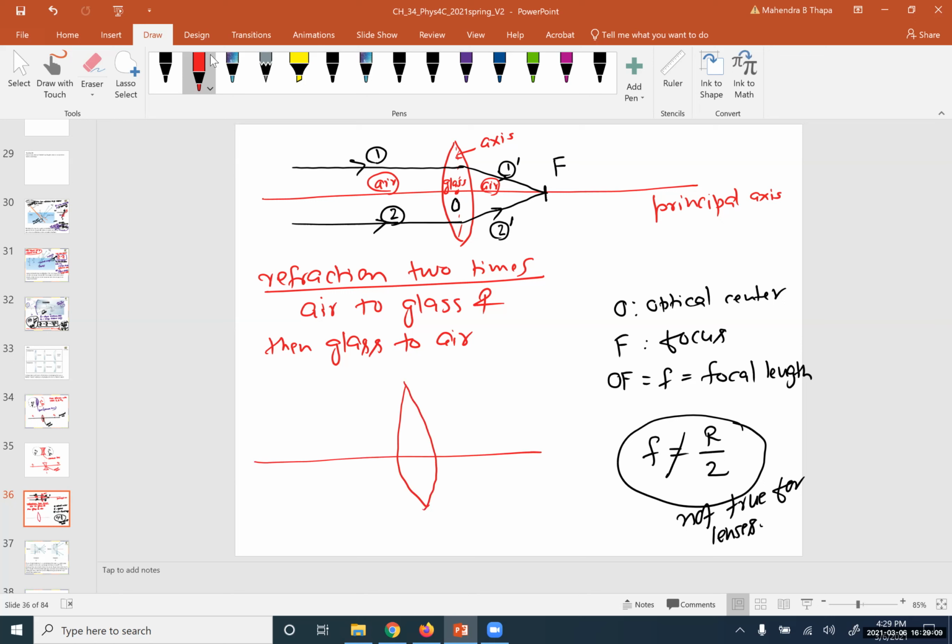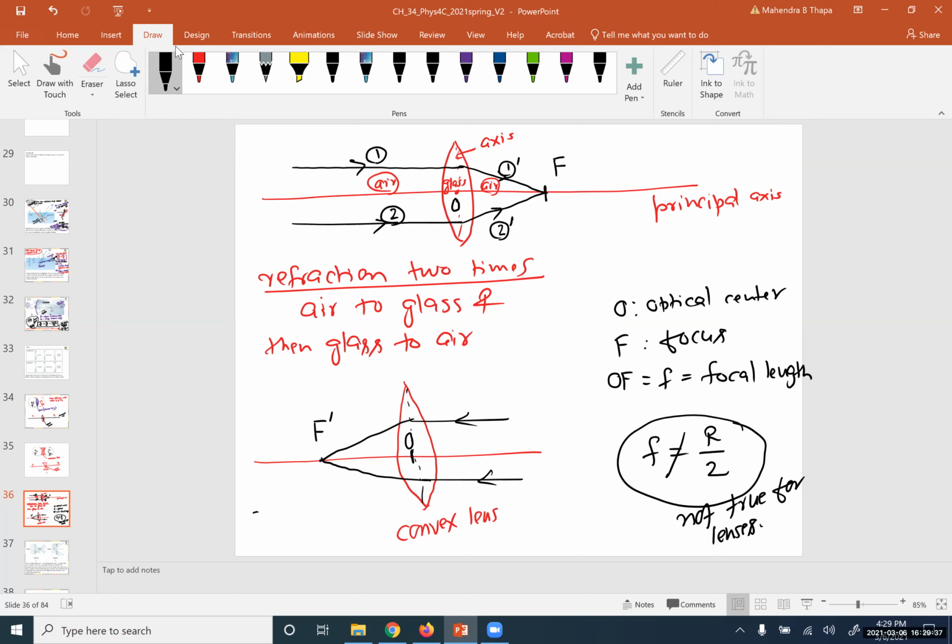See, this is the convex lens. If we send light parallel to the principal axis, after refraction at two surfaces, it will meet on that side. We can call it F prime, but this distance is exactly the same.